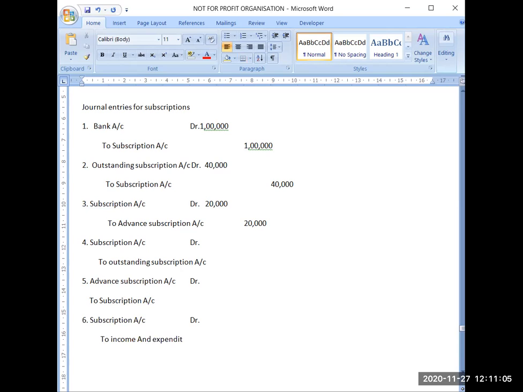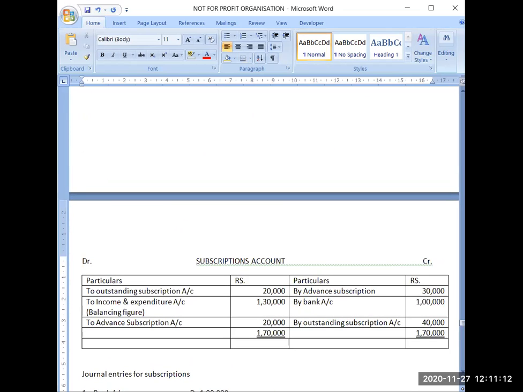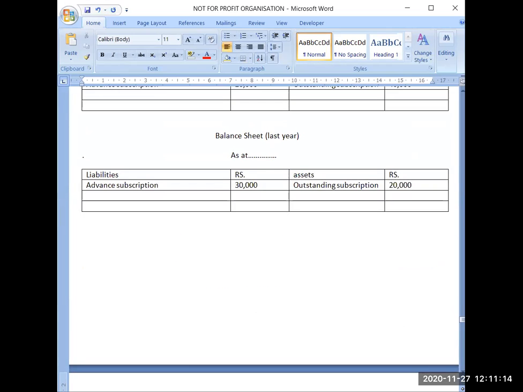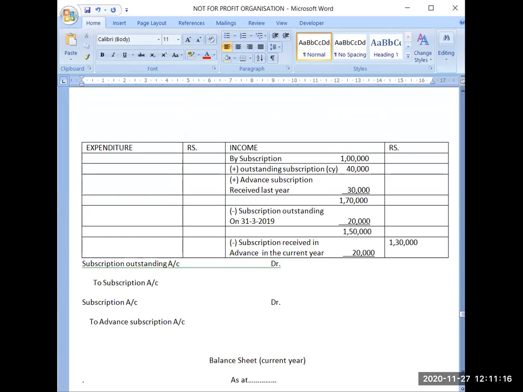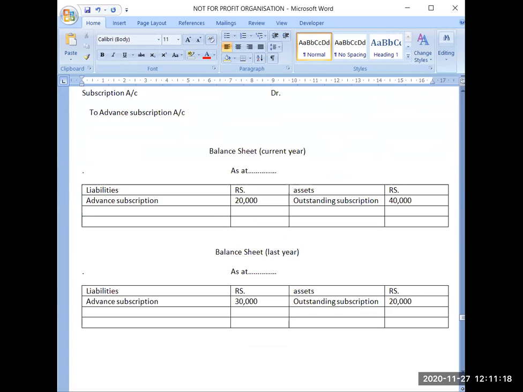That's why your income is coming on the credit side of the income and expenditure account. So these entries will be done. So now we have discussed how to prepare the subscription account, how to do various adjustments, how to present them in the balance sheet regarding subscription. Rest we will practice tomorrow.